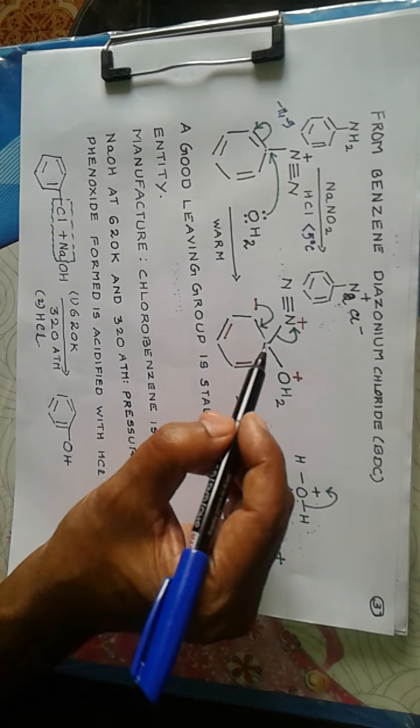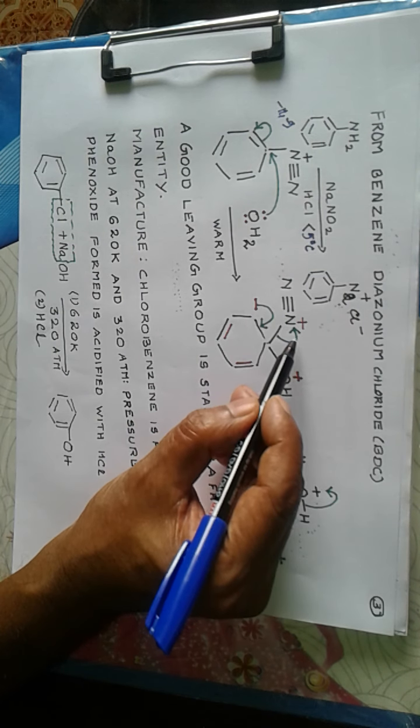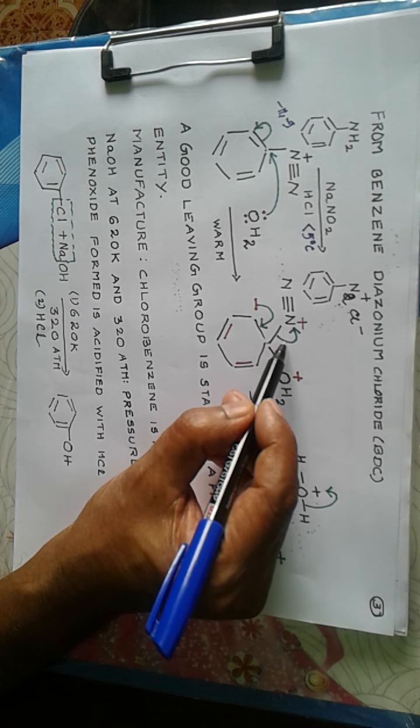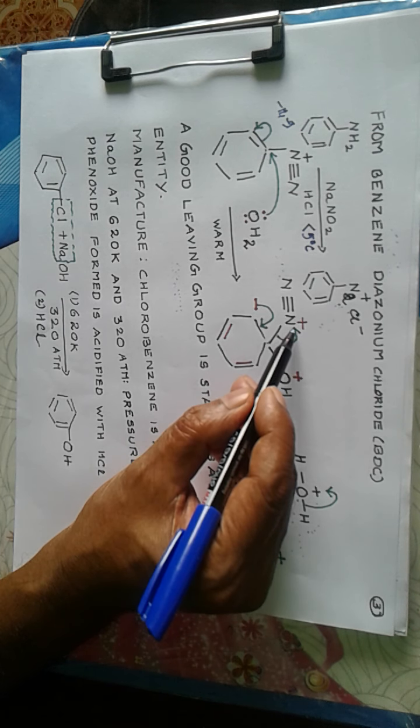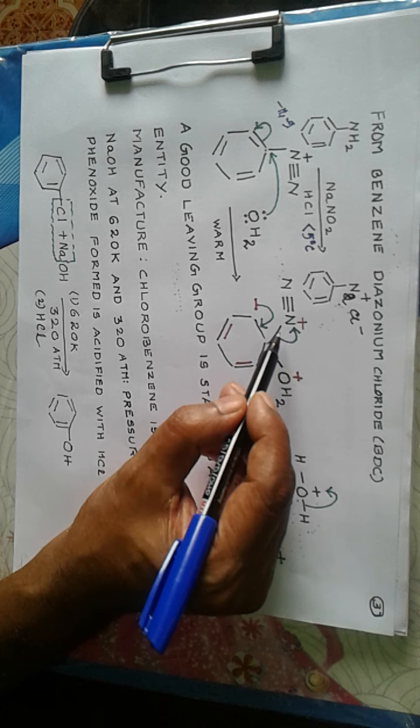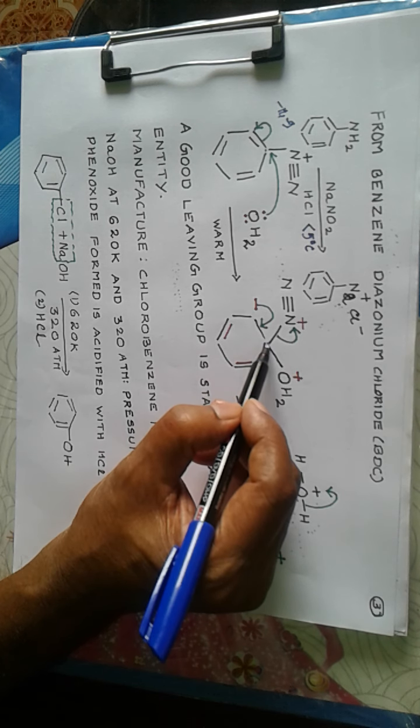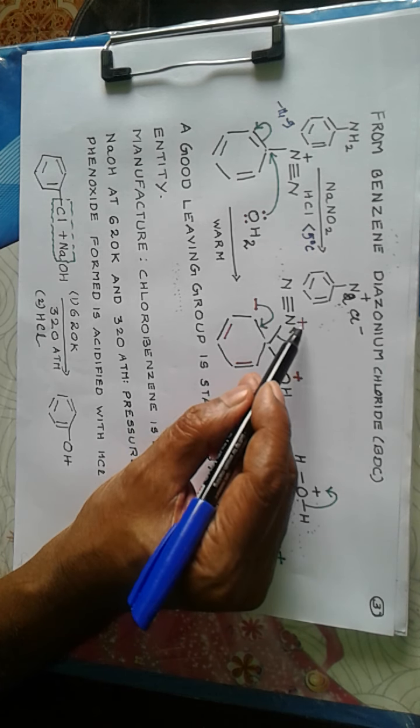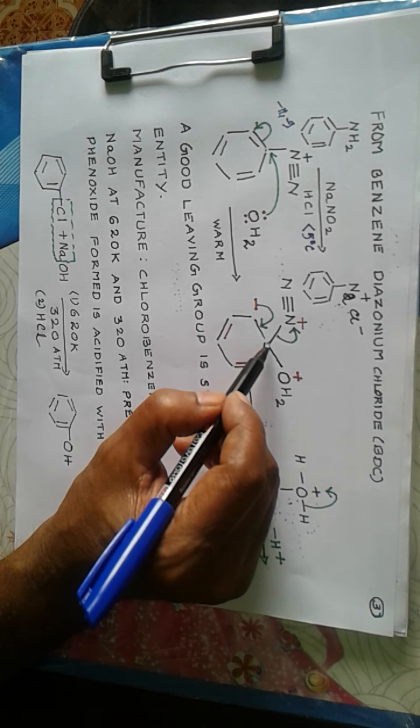And since N2 positive is a good leaving group, this pair of electrons is entirely taken up by N2 positive, so that nitrogen gets the share of this carbon and the positive charge is getting neutralized, and this carbon gains a positive charge.